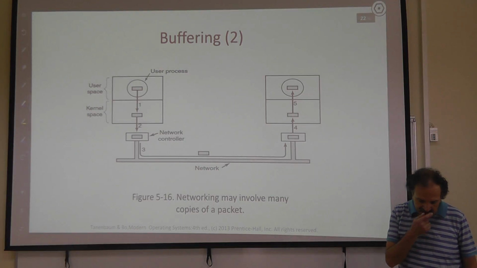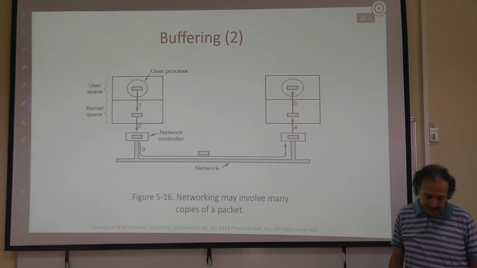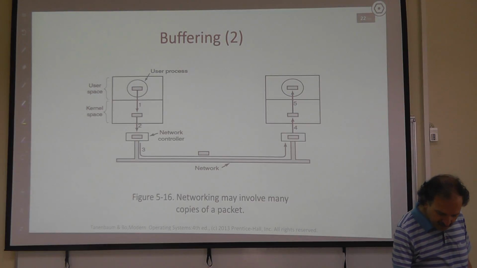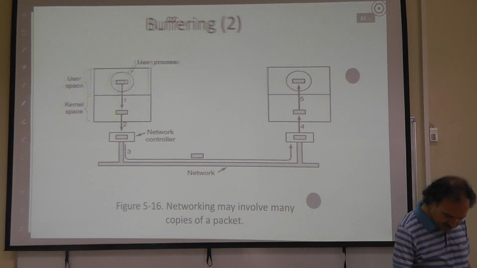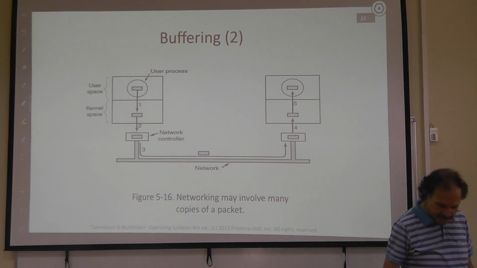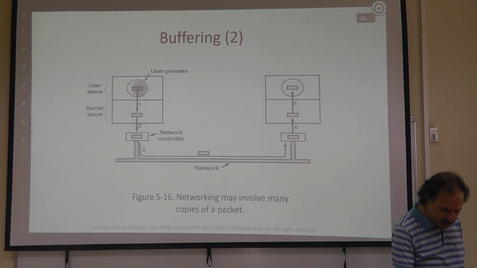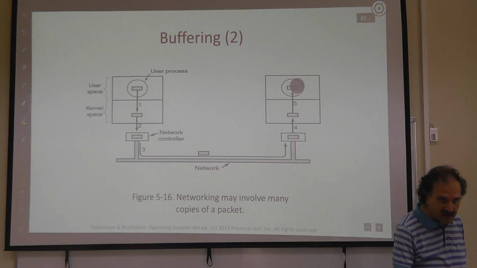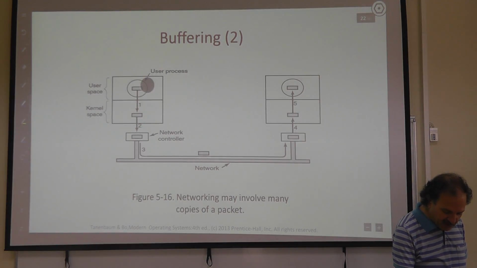Another situation here is many layers of buffering. Okay, this is one case. In my user space, I have a packet. I want to send it to my client at a different position on the network. I have my buffer.